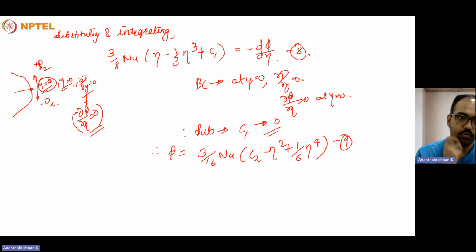So we'll get the form of the dimensionless temperature in terms of eta. Then the next step: in this particular problem we have to determine the value of Nusselt number. For that we need to get the value of Nu.